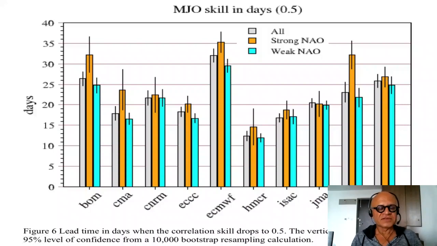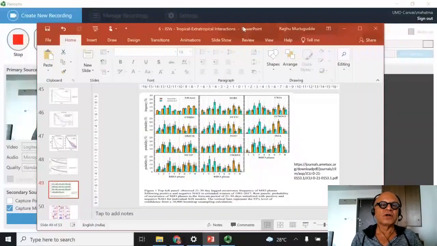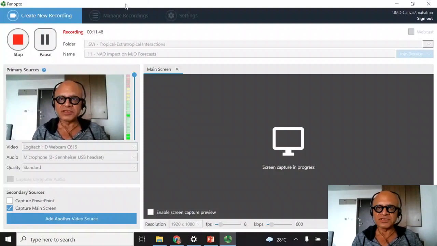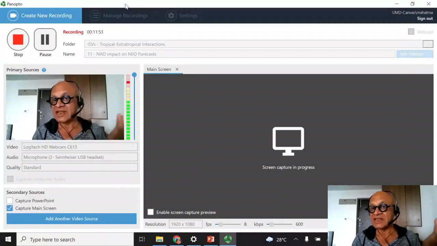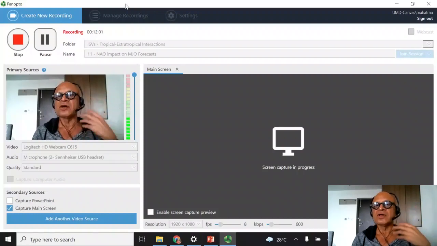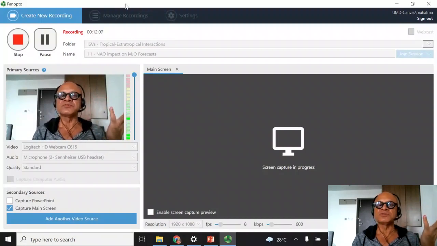So one has to again worry about how the model skill is coming about independent of NAO, why the NAO MJO relation may be weaker or not as dependent on the strength of the NAO in some models, even though they may have good skill during both phases of the MJO, because other teleconnections like amount of water being brought in the atmospheric rivers could be different. European winter storms associated with MJOs may be not captured as well, and so on and so forth.